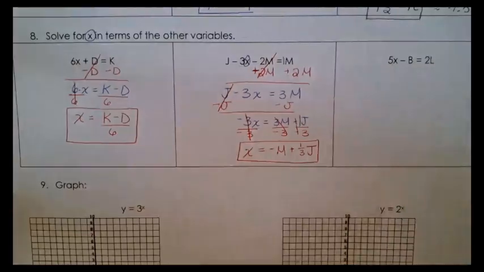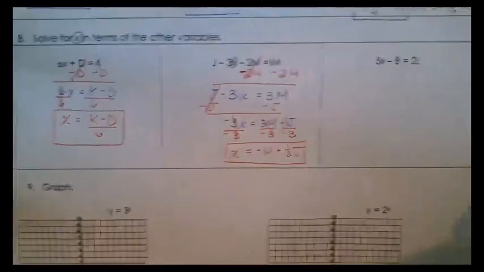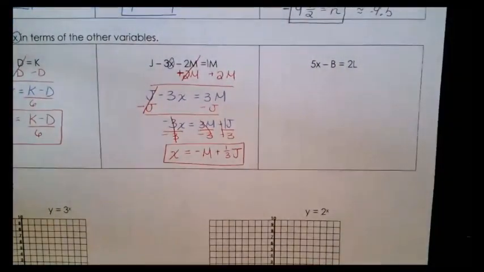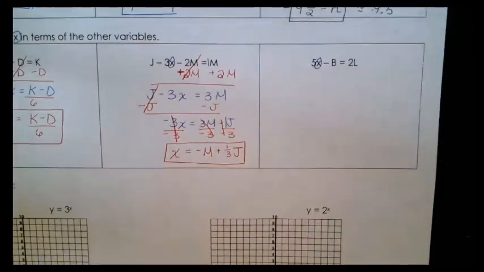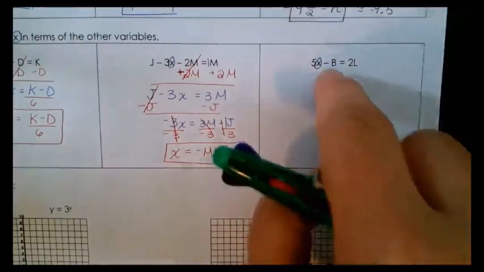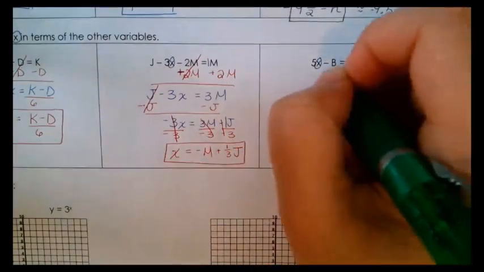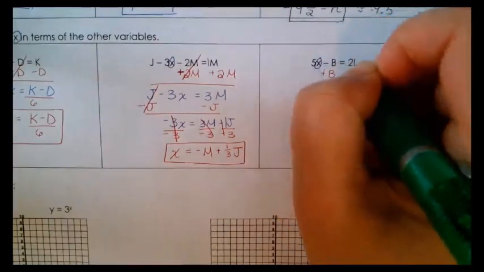Okay. Last one. Pause the video, try it for yourself, and then come back. Okay, last one. I'm going to try to get x by itself. So what we're going to do is we're going to get rid of the negative b first because it's being added or subtracted. So you're going to add b to both sides.